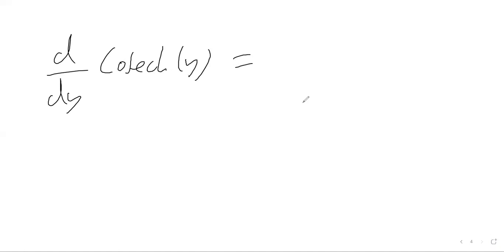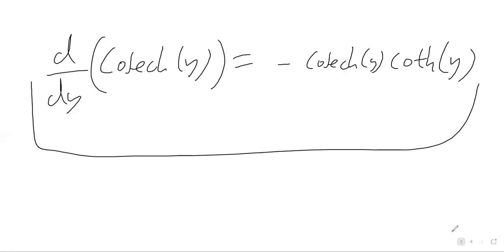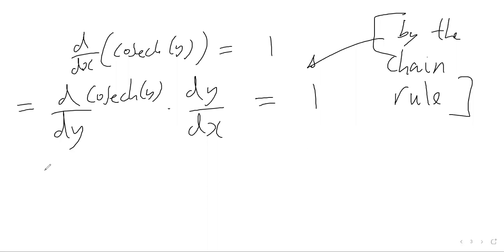From a previous video, we know that when we differentiate the cosech function, we should just get negative cosech times coth, the hyperbolic cot function. Using this result that we proved in a previous video, we can just apply that here.